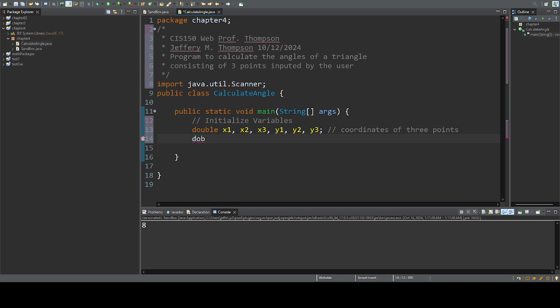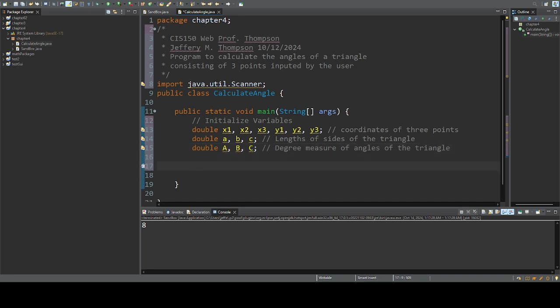We'll need doubles for lengths A, B, and C, lengths of sides of the triangle. And we'll need doubles for angle degree measure of angles of the triangle. So we have a space to get everything in.